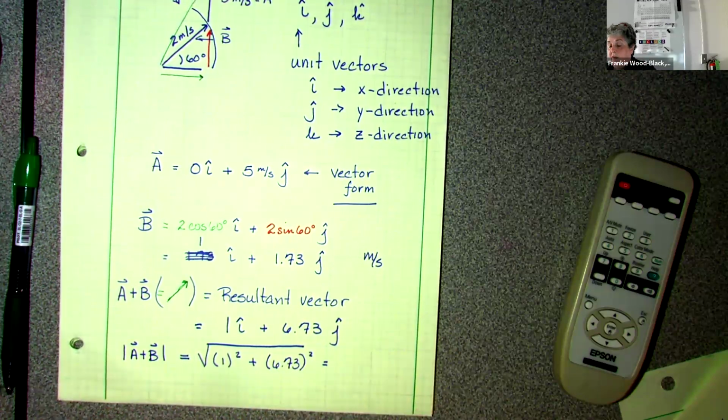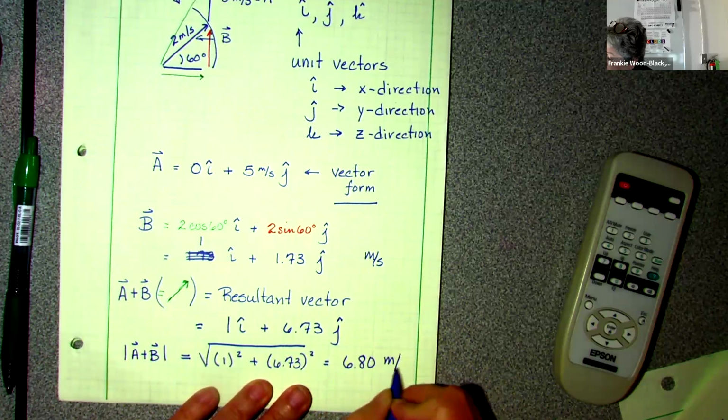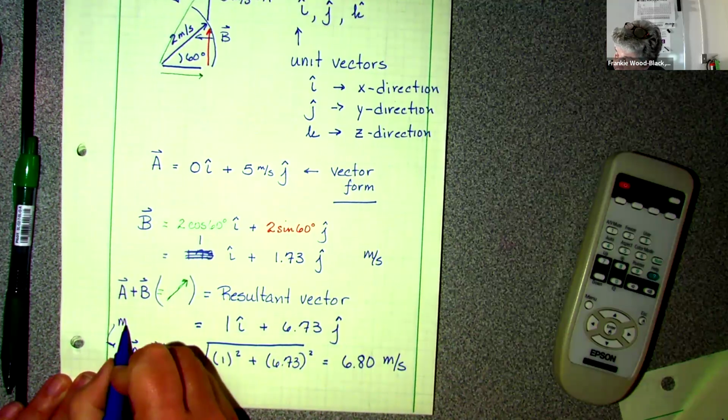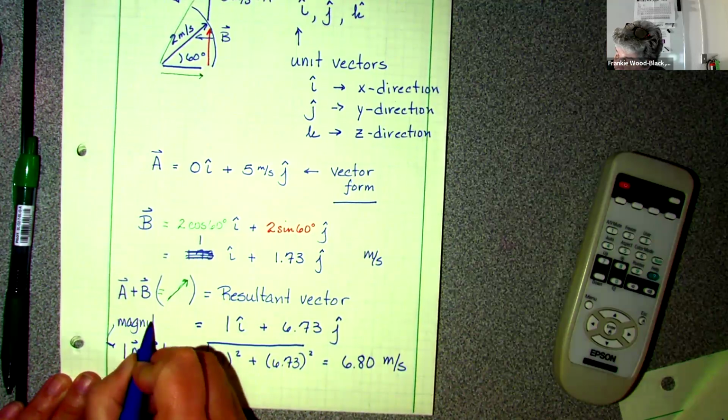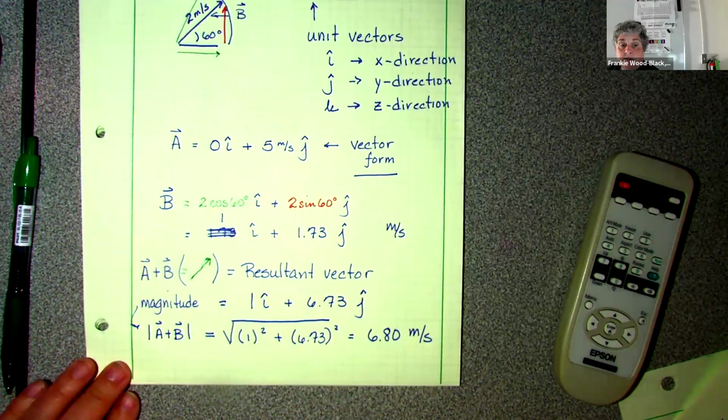And if I do the square root of that, this gives me my 6.80 meters per second. That's the magnitude of my vector.